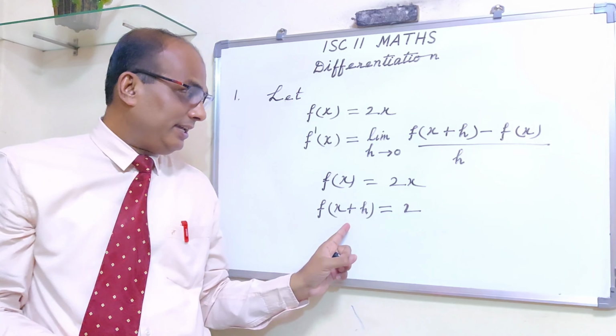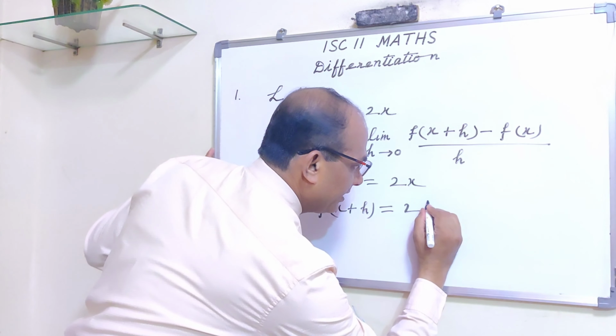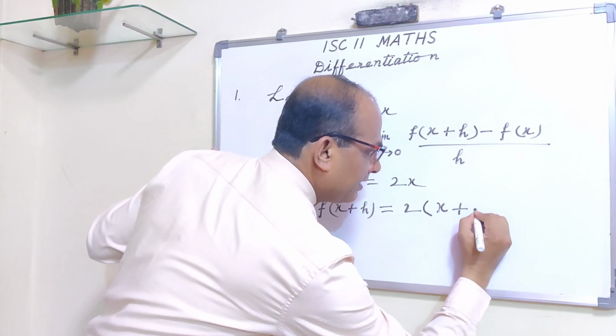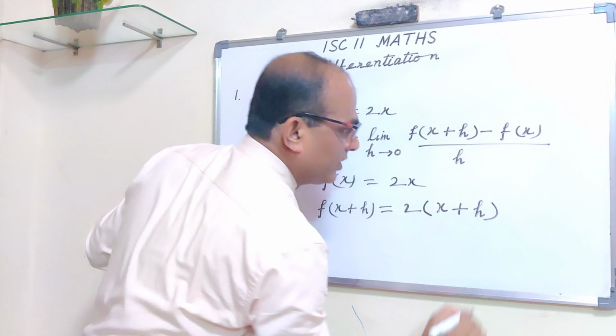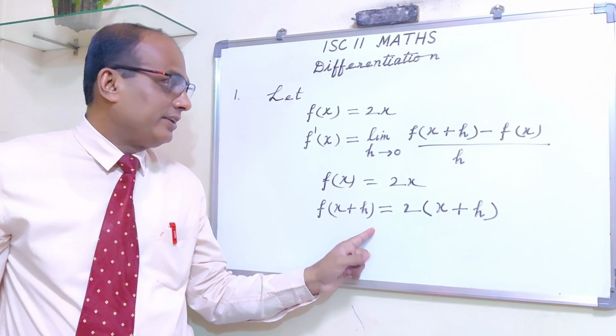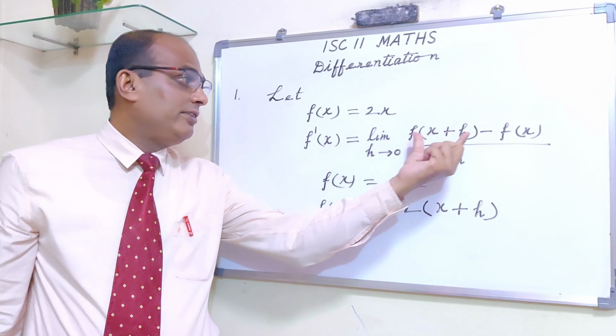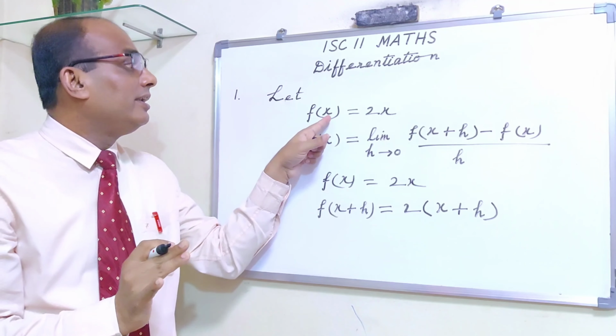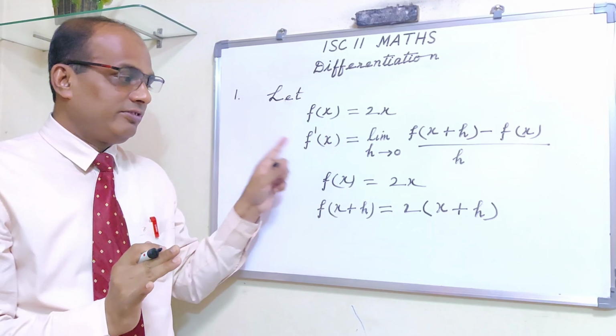X will be replaced by x plus h. So f(x plus h) is 2 times (x plus h). Now this f(x plus h) and f(x) we'll substitute here and simplify. We'll find out the limit. That value will be the derivative of f(x), which is f'(x).